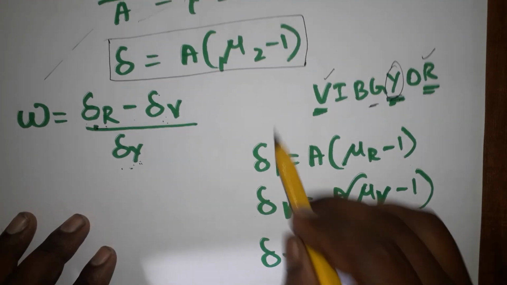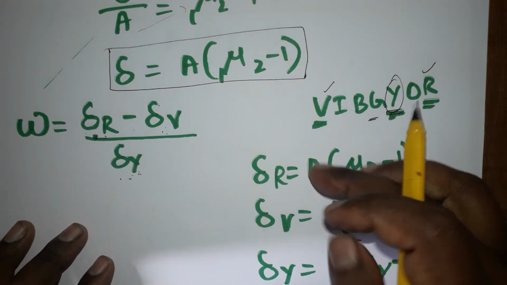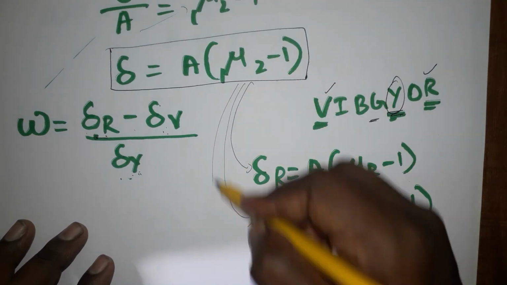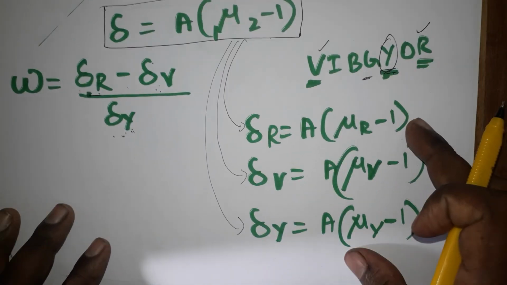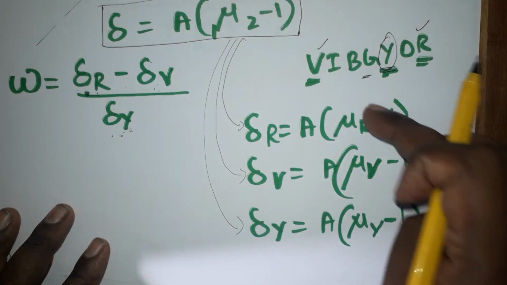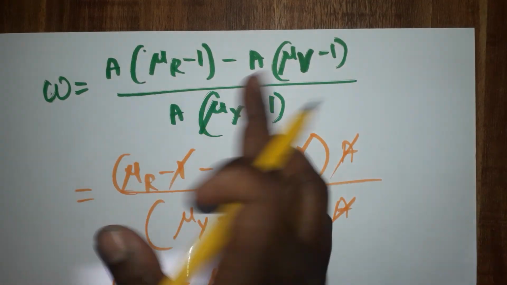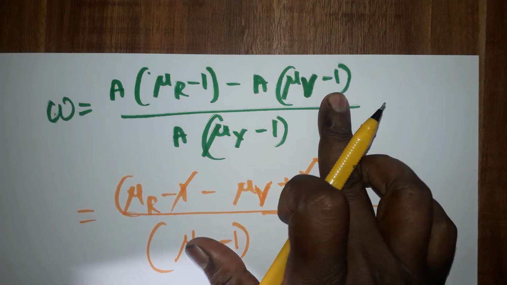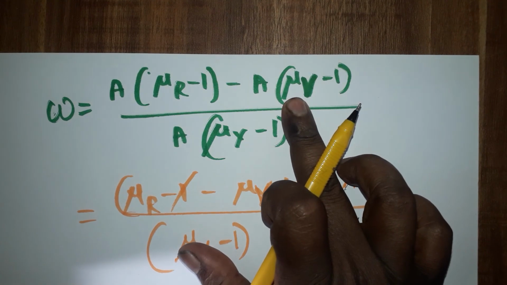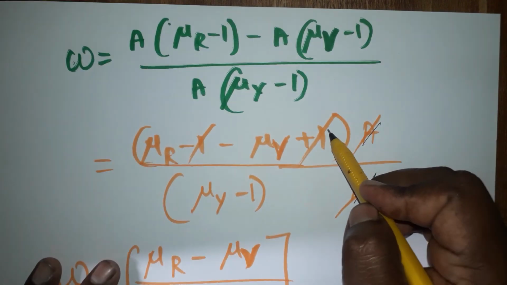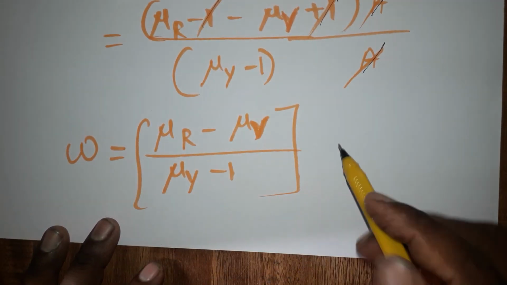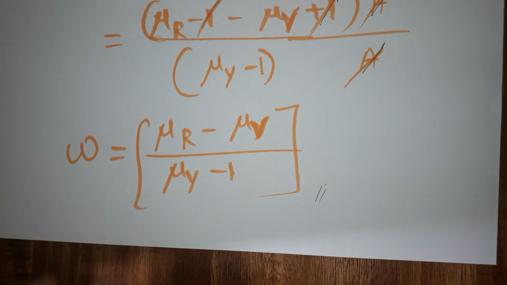Based on this equation, we write deviation of red, deviation of violet and deviation of yellow, and substitute all three equations inside. Different colors have different refractive indices. Once you substitute, the angle of the prism is common, take it outside, and it will cancel. Taking the minus inside, minus refractive index of violet plus 1 will come, and minus 1 plus 1 will directly cancel, so the remaining will be like this. This is called the dispersive power of the prism.